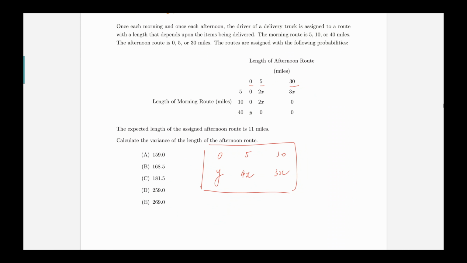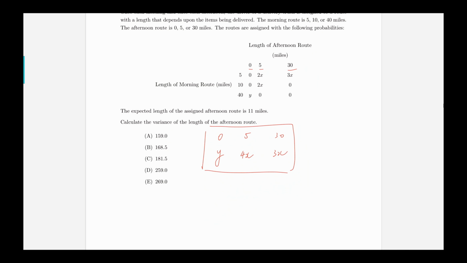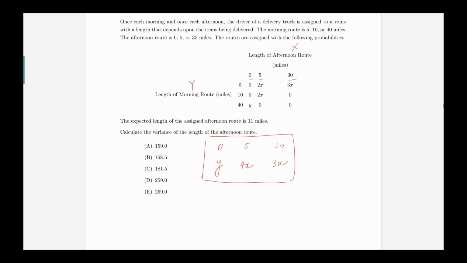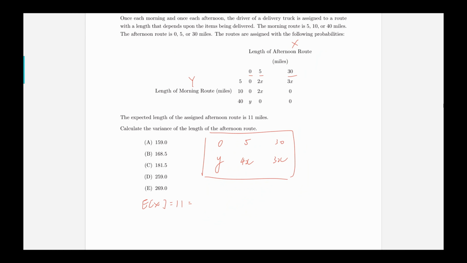Now we know the expected length, let's call the afternoon the random variable X and the morning capital Y. So they're both capital. The expected value of X, the question says, equals 11. Also we can use the expectation formula to get 0 times y plus 5 times 4x plus 30 times 3x. And the good news is that y is eliminated.